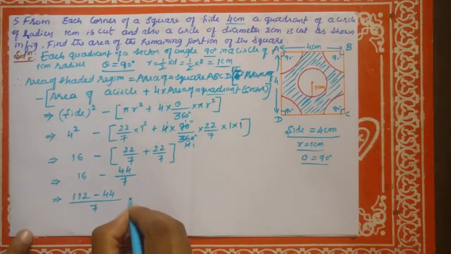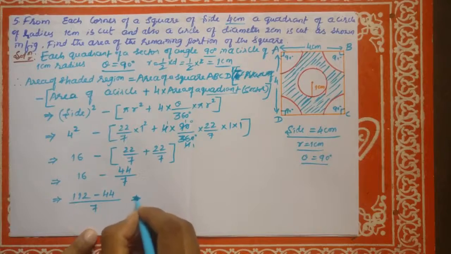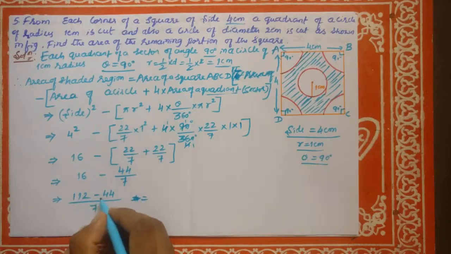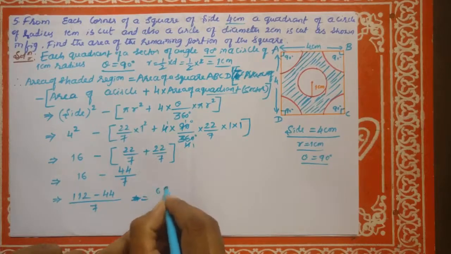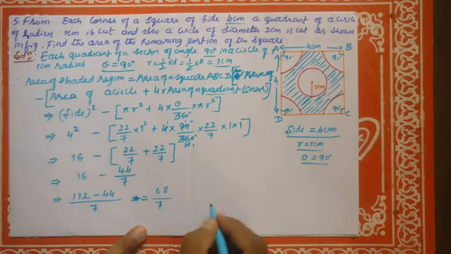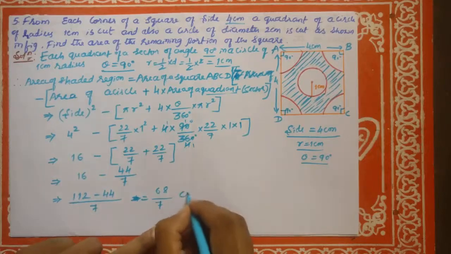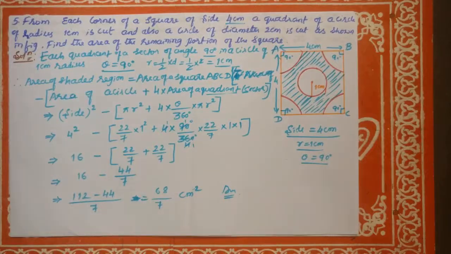That is 112 minus 44, which is equal to 68. So the answer is 68 divided by 7 square centimeter. This is the right answer.